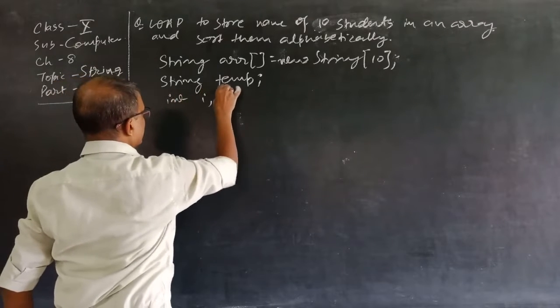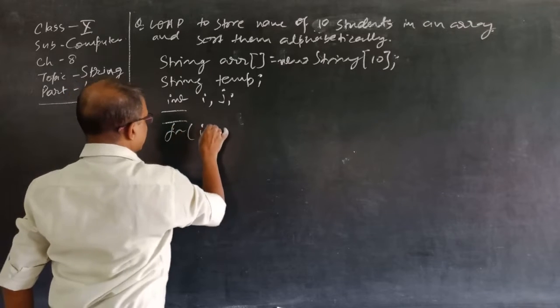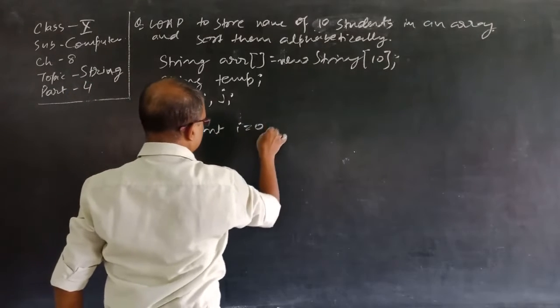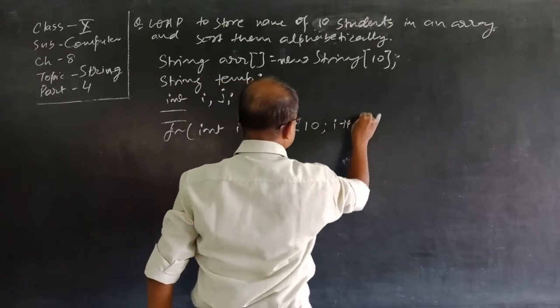int i, j. Now first of all we have to take input in the array. int i equal to 0, i less than 10 and i plus plus.